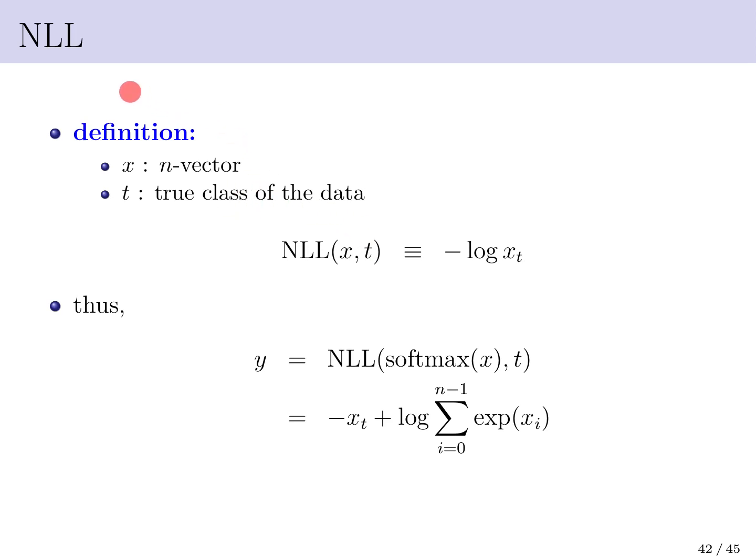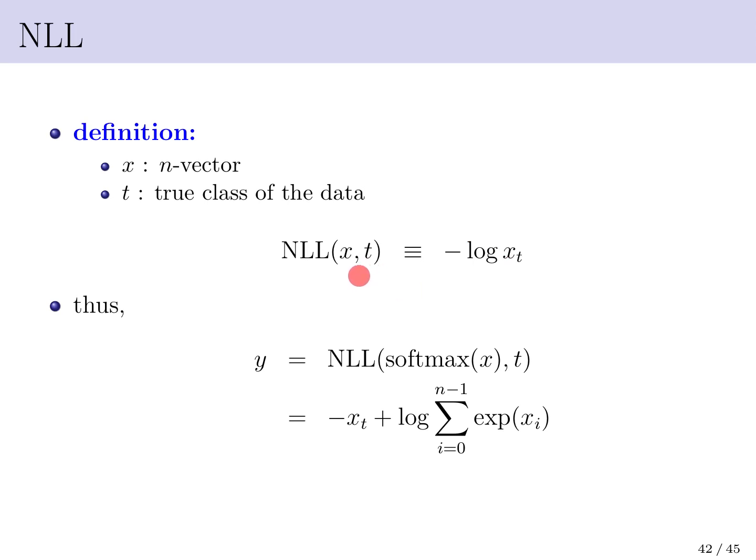So the actual loss function we are using is called the negative log likelihood, whose definition is given here. The loss between x and t is defined by this. t is the true class of the data, and x is a vector whose each component is supposed to represent the probability that a particular sample belongs to each class. So the actual loss function is simply like this.